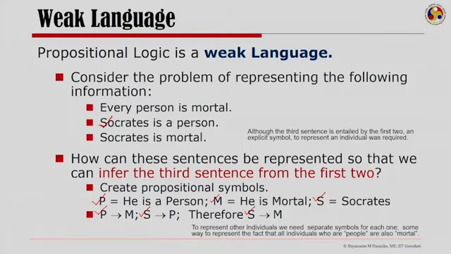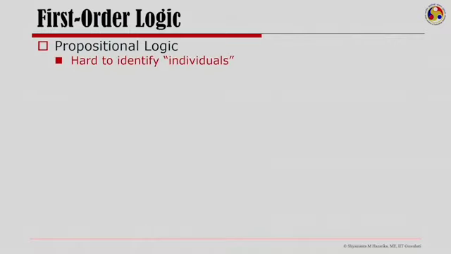And this I have to do for each of the persons that I want to talk of. And then I must also have some way to represent the fact that all individuals who are actually people are also mortal. So propositional logic is a weak language.